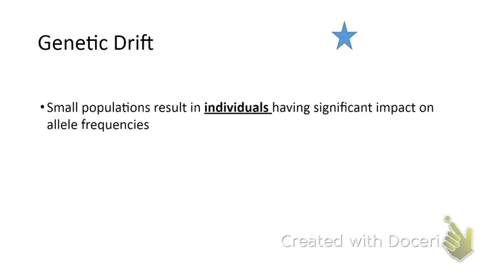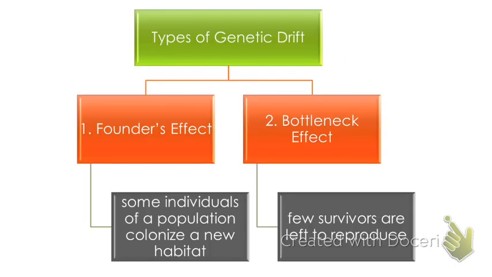One is called the founder's effect, where individuals colonize a new habitat, and the other is the bottleneck effect, where few survivors are left to reproduce. Notice that they both start with a couple of organisms; what they have in common is they start with small populations.